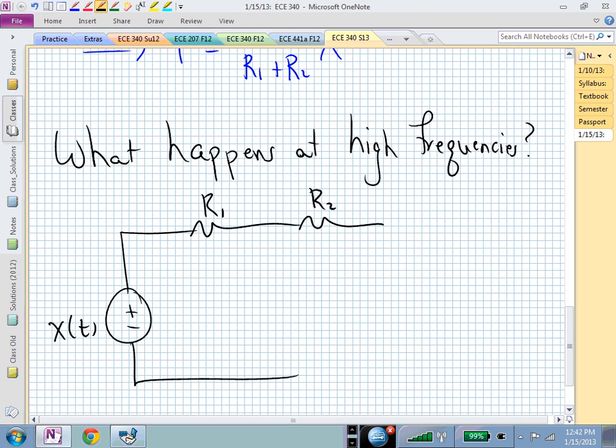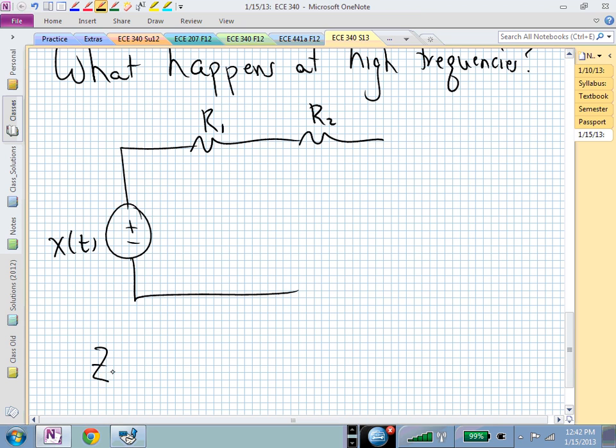What's going to happen now? The R's are the same, right? They're not frequency dependent. And the source, X, is going to be some high frequency signal. But now we have to think back at our generalized impedance. We have the capacitor, is this 1 over sC, and the inductor is sL.